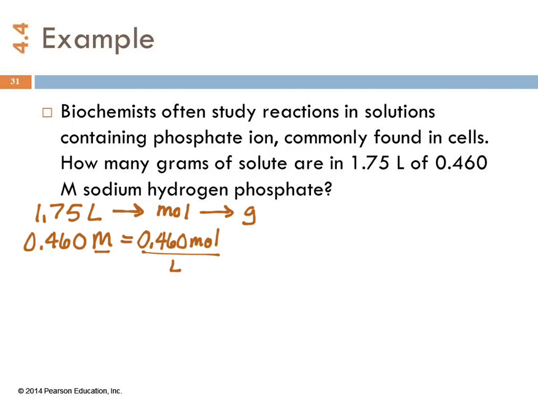The chemical formula? They gave us the name. They like to do that to you in 1A. Sodium hydrogen phosphate. Remember what hydrogen phosphate is? Do you remember what phosphate is? PO4 3-. So that's phosphate. Hydrogen phosphate has a hydrogen ion on it.